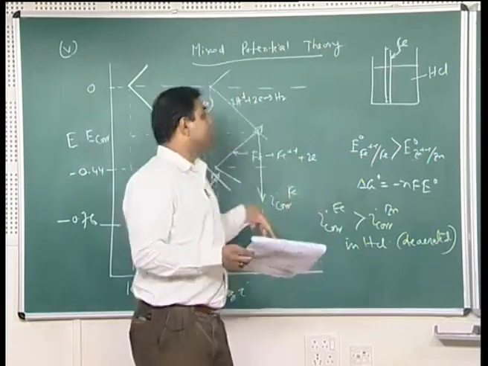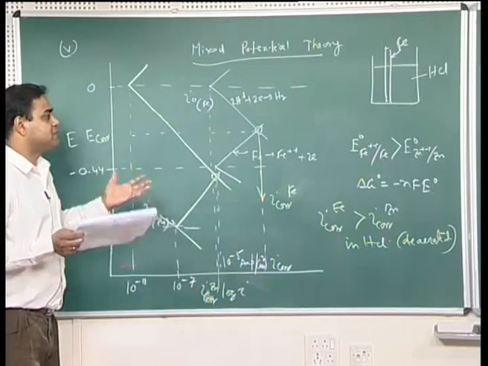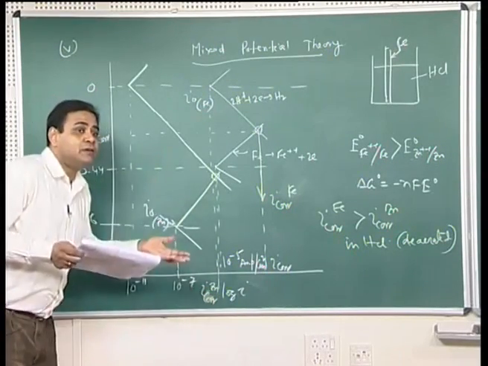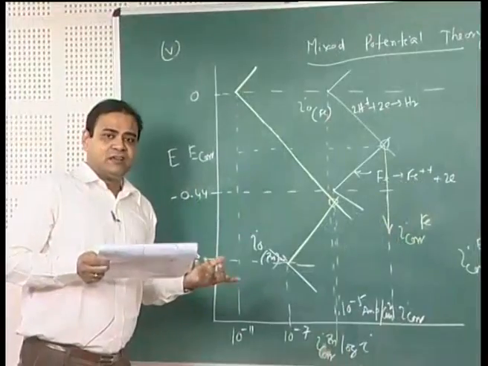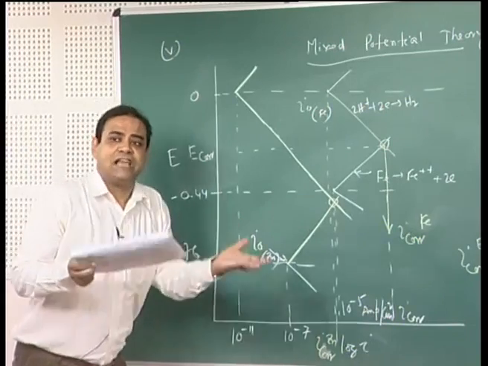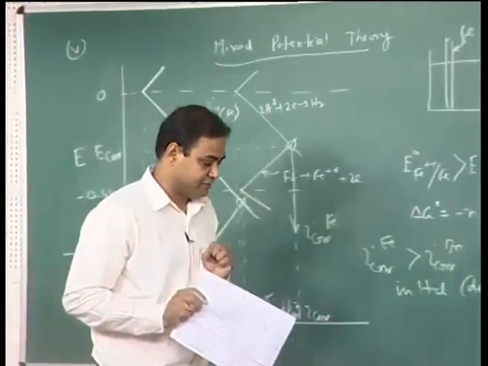Fine. So, that means you have to understand thermodynamics for understanding what would happen, and you have to understand the kinetics which tells you what actually happens. So, this is the situation in one case.